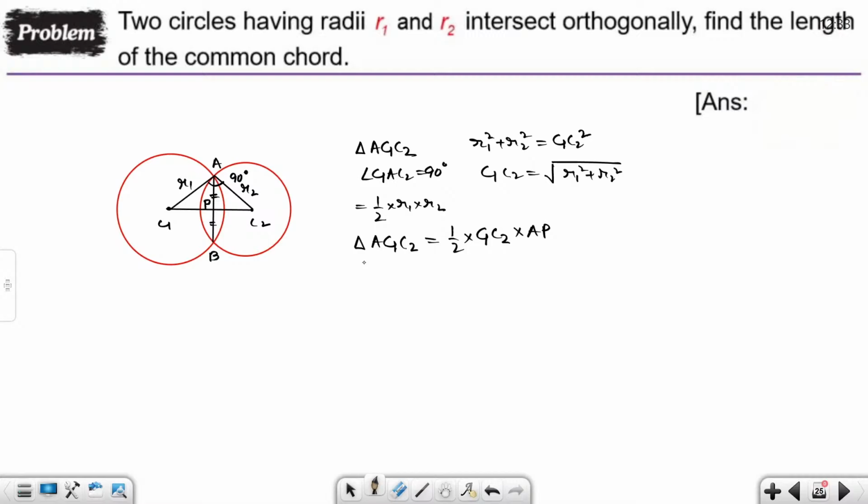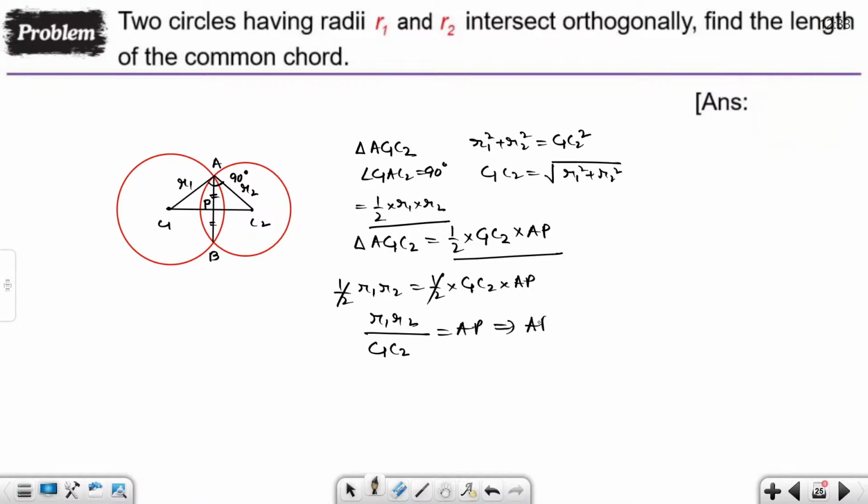Now, as these two represent the area of the same triangle, I can say these two are equal. Am I correct? So now the half goes off, and AP is R1 R2 divided by C1C2, which is root over R1 square plus R2 square.